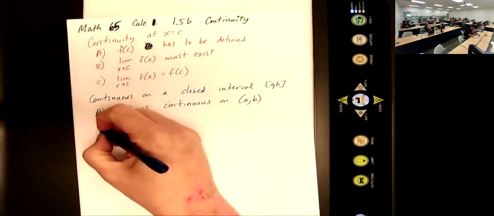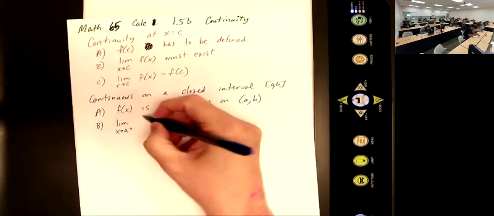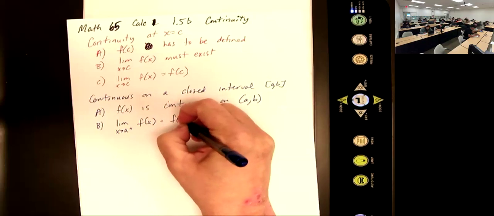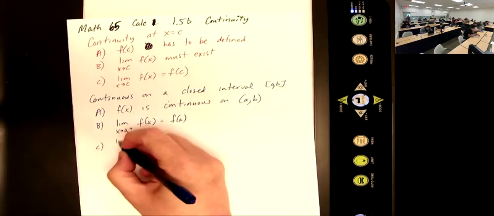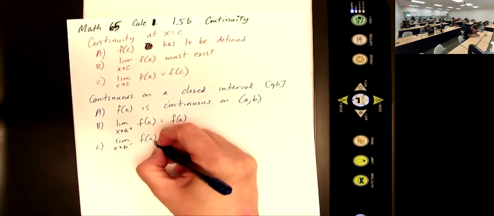And then the limit as x approaches A from the right of f of x has to equal f of A, and the limit as x approaches B from the left of f of x has to equal f of B.